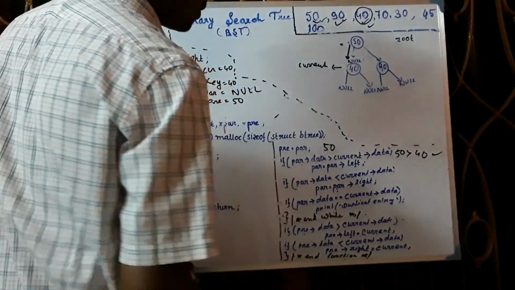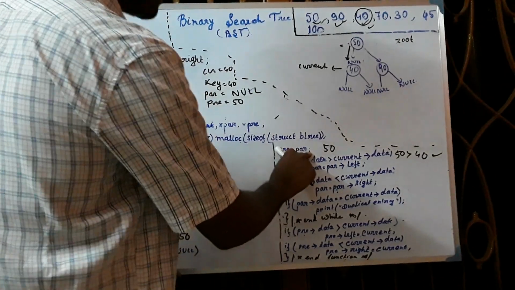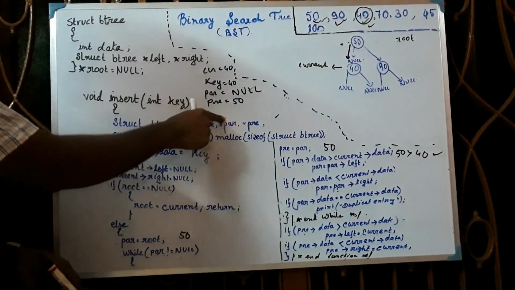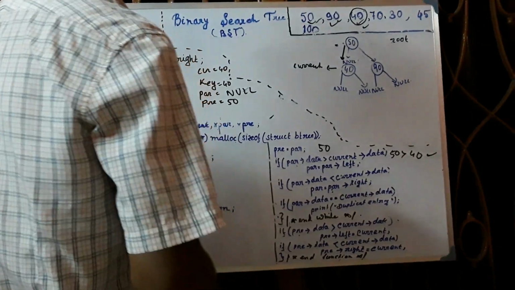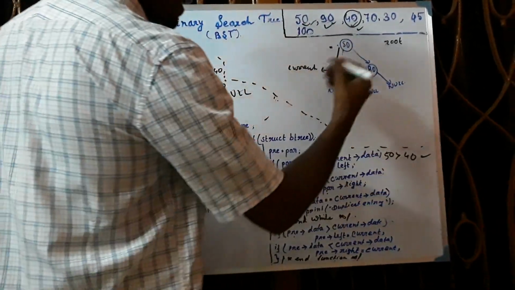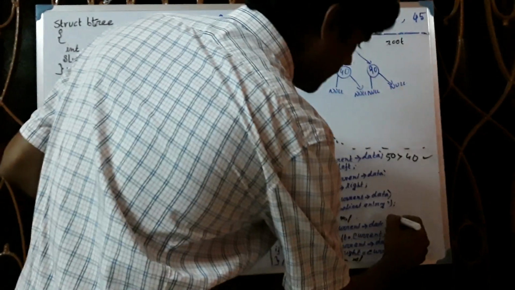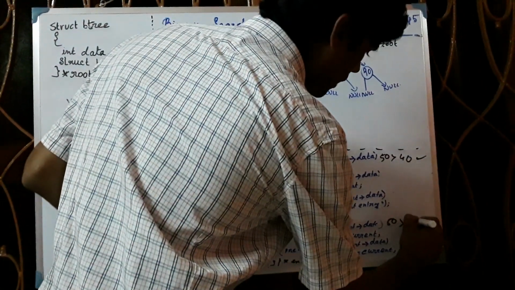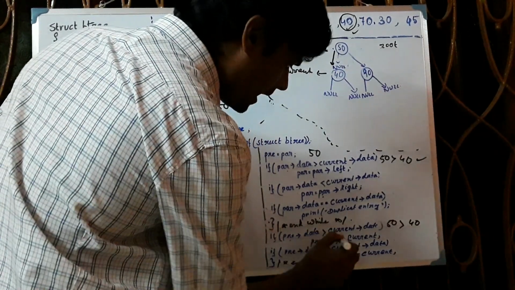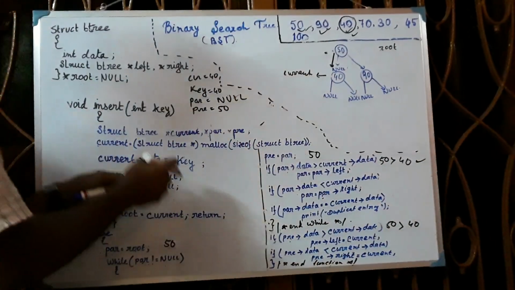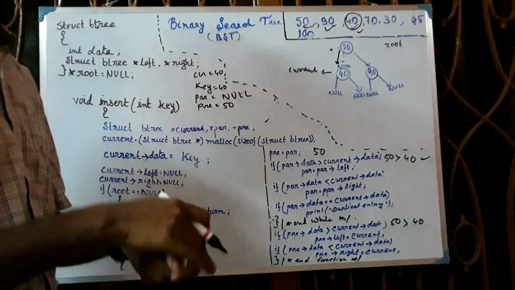Pre arrow data. So what is pre? You can see pre is my 50. Pre is my 50. So 50 arrow data greater than current arrow data. Why? 50 is greater than 40. Okay. So pre left equal to current. So what is pre? Pre means I am saying the previous node.